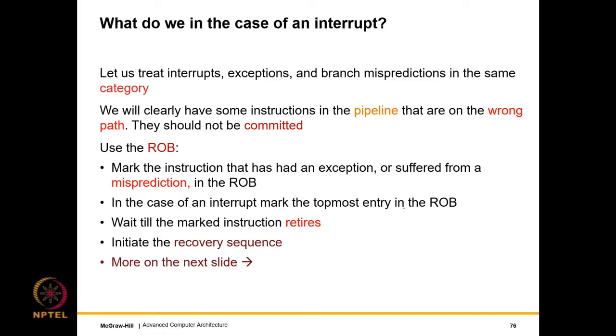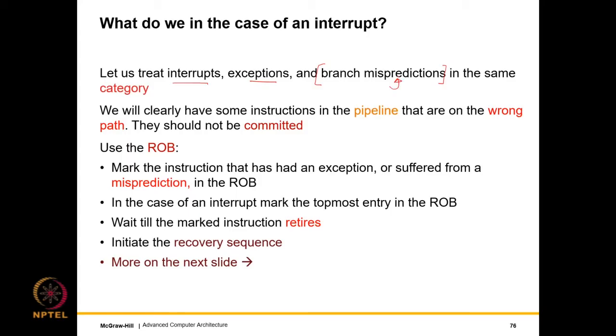Next question. What do we do in the case of an interrupt? So let us treat interrupts, exceptions, and mind you, this is very important, and this is a question that many people would ask when we talked about branch predictors about recovery. But this question is being answered now, that interrupts, exceptions and branch mispredictions, let them be placed in the same category as exceptional events.